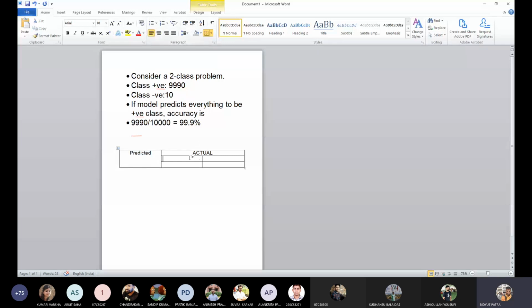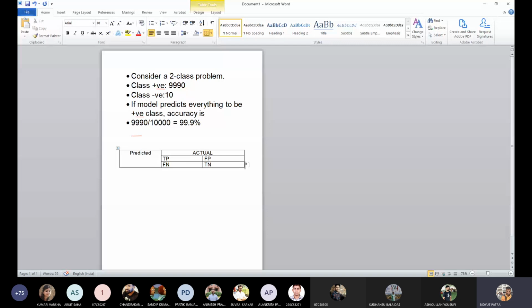This row will give you the positive class, and this will give you the actual class. Now, the classification algorithm predicted everything as positive class. So this is true positive, this is false positive, this is false negative, and this is true negative.